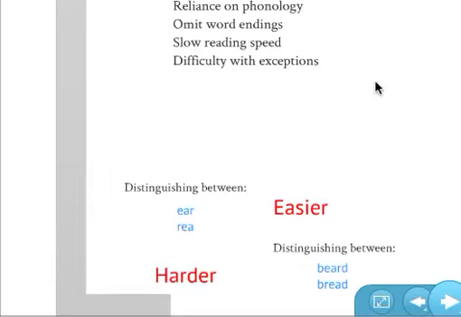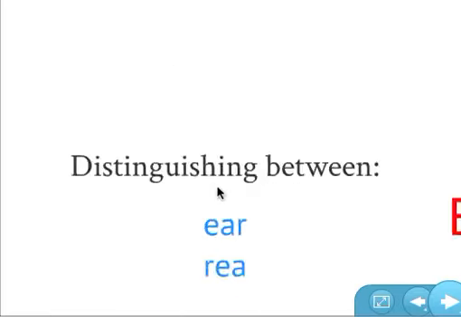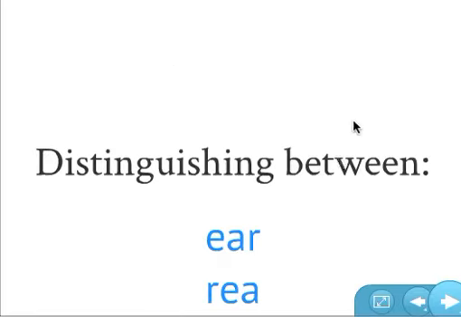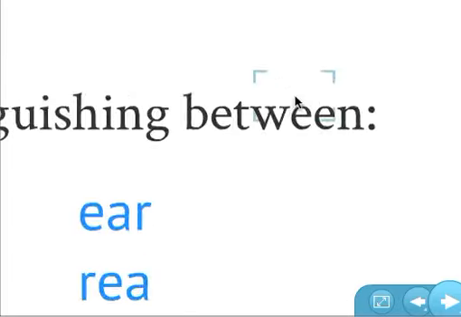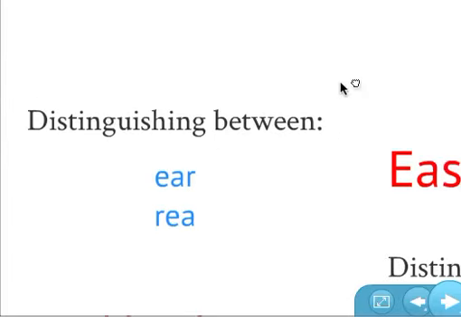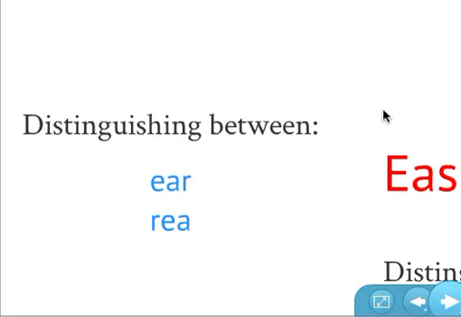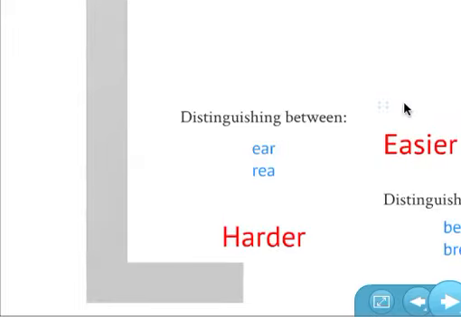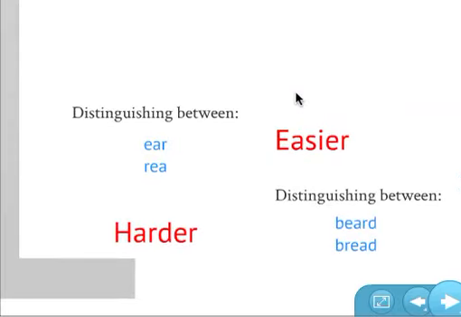Let's take a look at some examples. Distinguishing between ear and ray might be difficult for some kids, but it'd be easier than distinguishing between bread and beard.